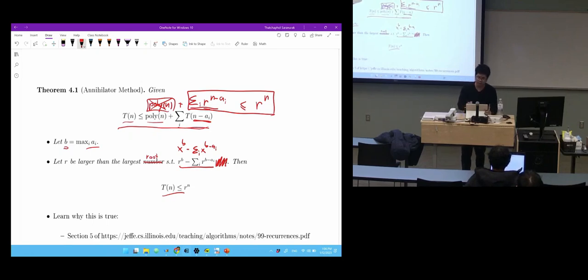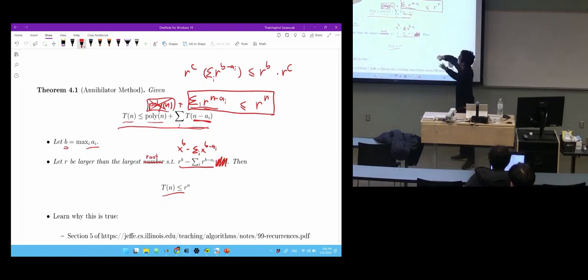If I factor out a bunch of terms, you get some factor that looks like this: the sum of R to the b_i is less than R to the b times the same factor.